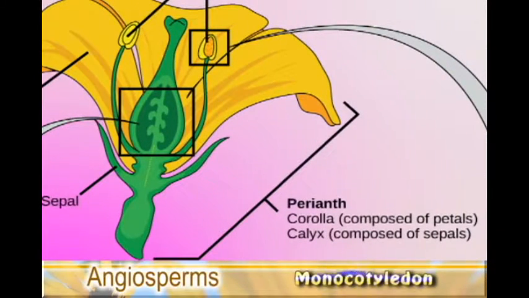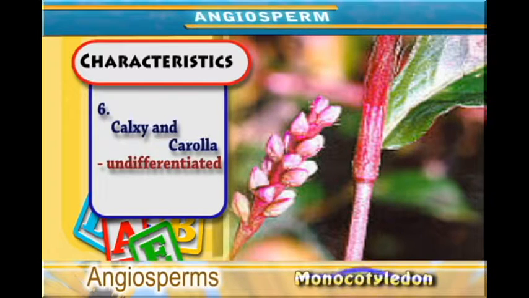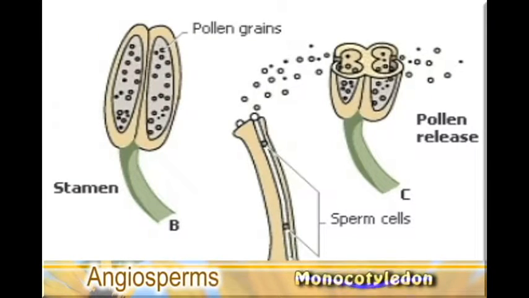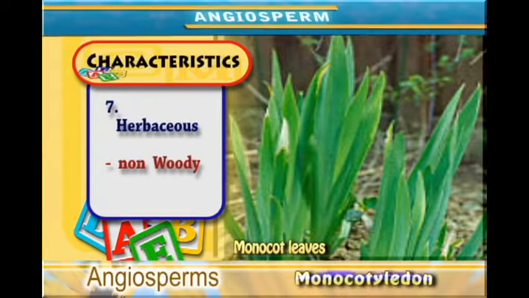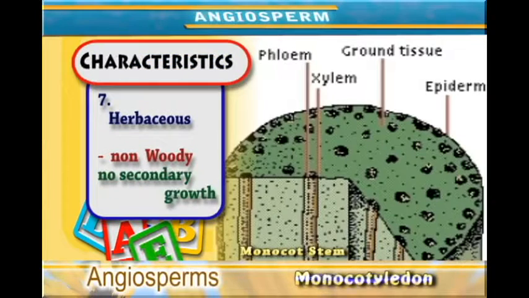It is very hard to differentiate the calyx and the corolla. The monocots are mainly wind pollinated. Most of them are herbaceous, that is, non-woody, because they have no secondary growth.